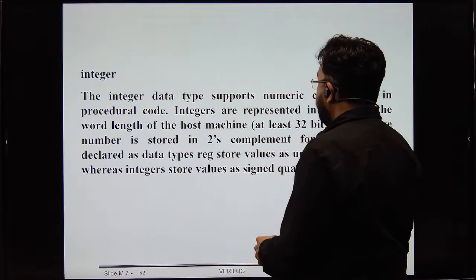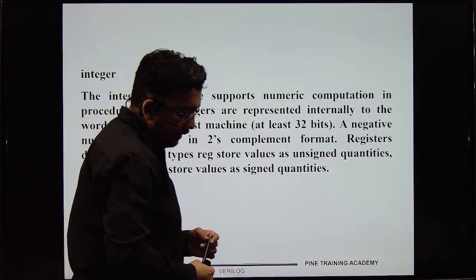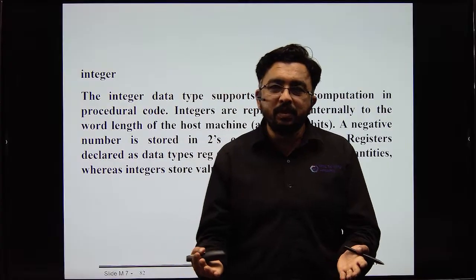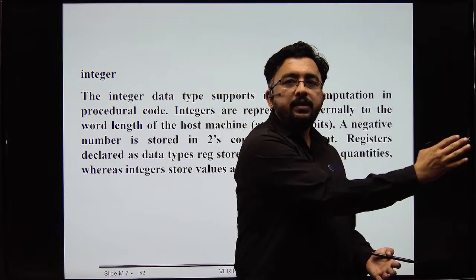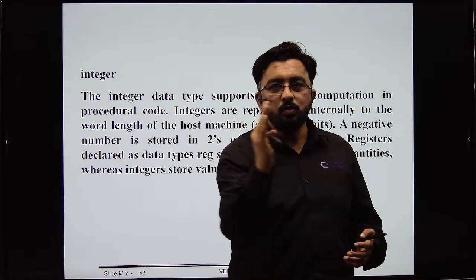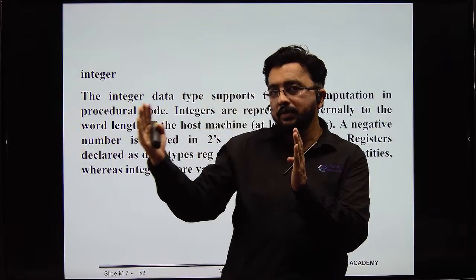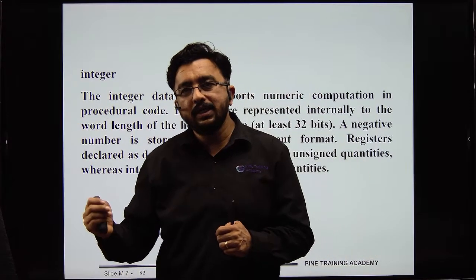A negative number is stored in 2's complement. As we know from basic mathematics in class 6th, 7th, 8th, the range is like minus 32 to plus 31. 0 to 31 is basically unsigned.